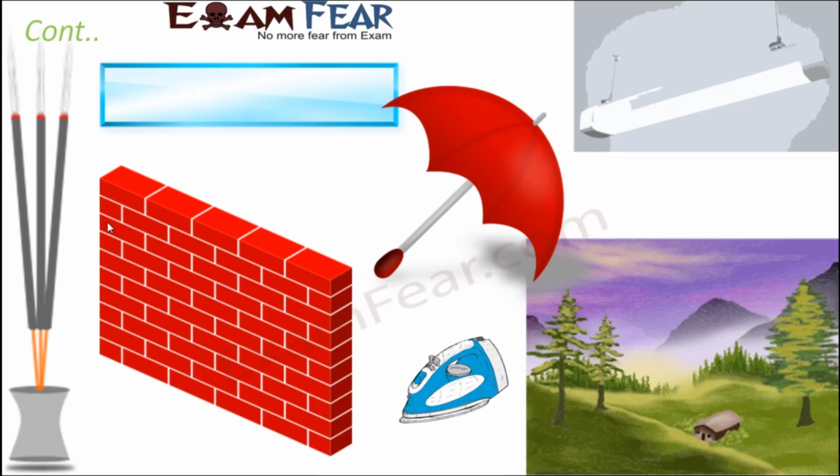Let's look at a few more objects, as you can see here. So here again, if you look at it, you have the wall. So the wall appears to be opaque because it doesn't allow light to pass through it. You think of the umbrella. Umbrella again is opaque because it doesn't allow light to pass through it completely.